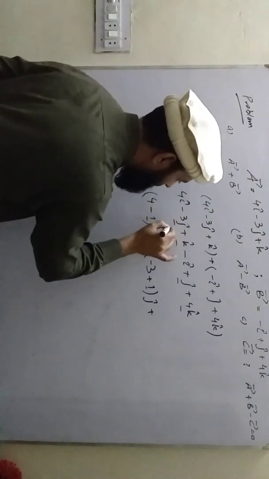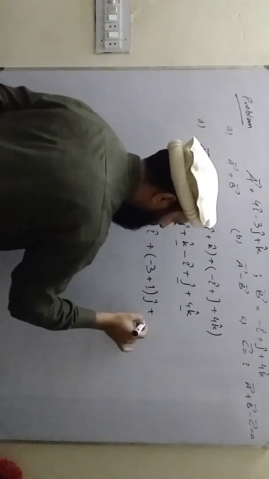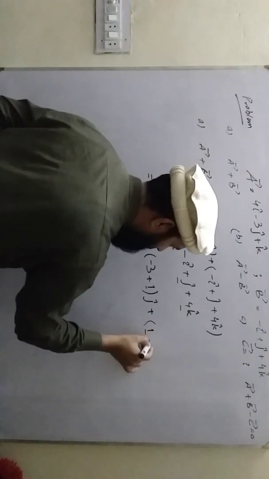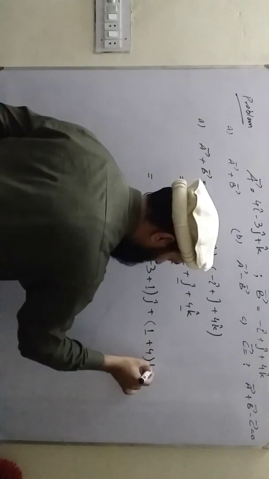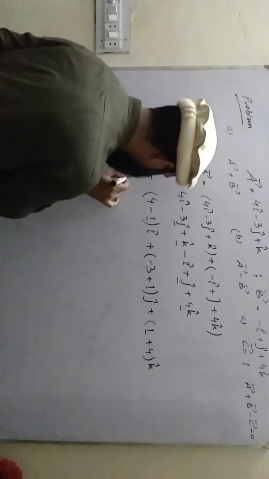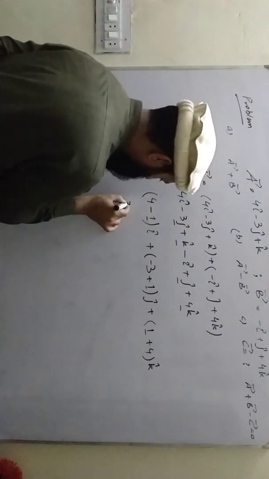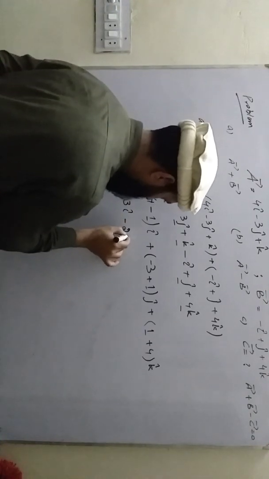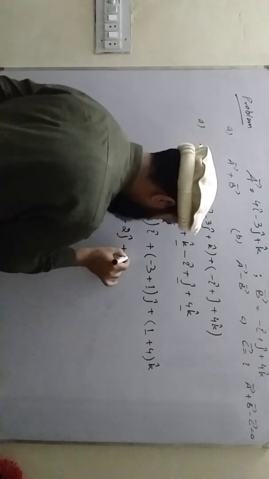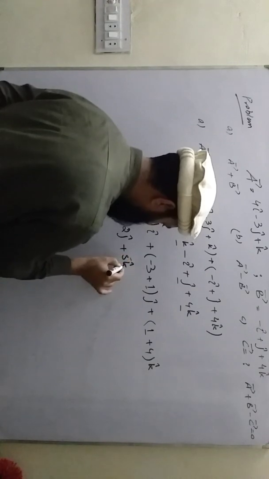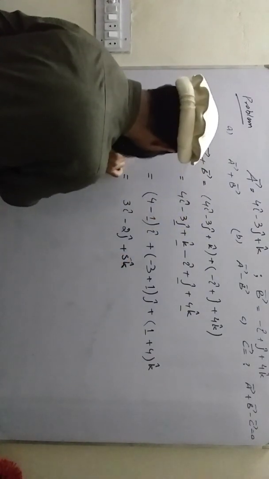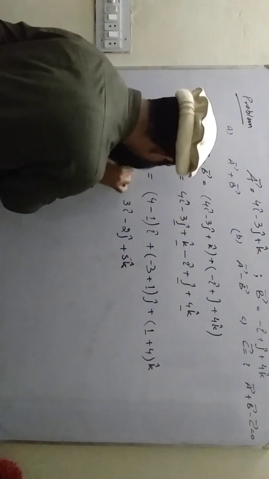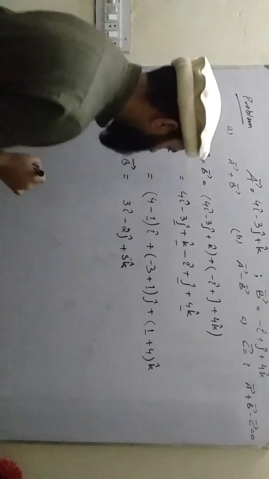Thirdly, we take the coefficients of k, which is 1 plus 4, and k as a common. The result is 3i minus 2j plus 5k. This is the result of A plus B.